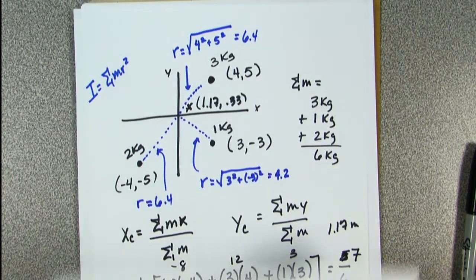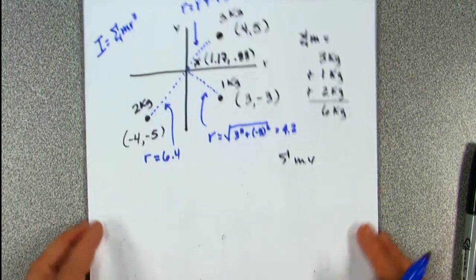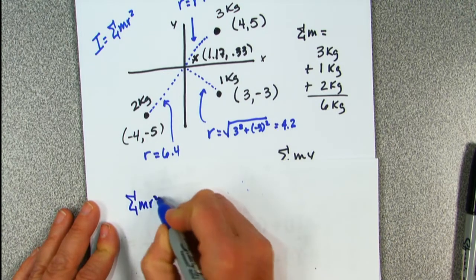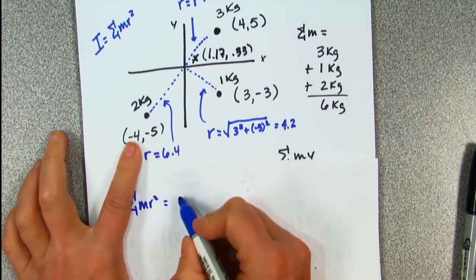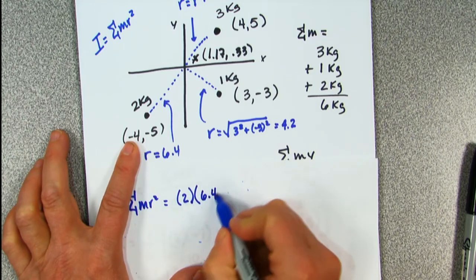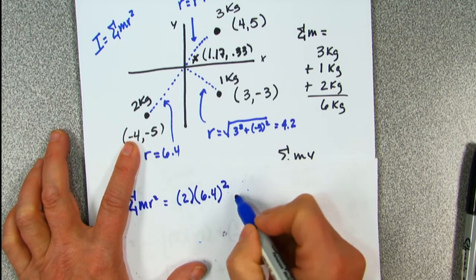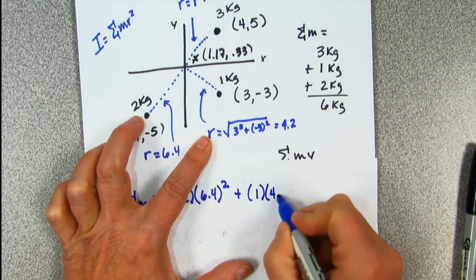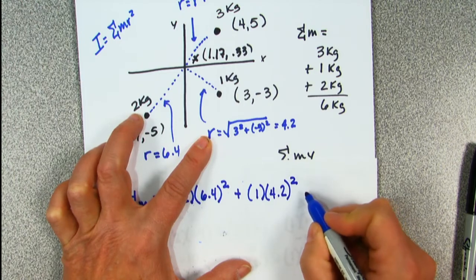So it's going to be the sum of the mr squareds. So this mass is 2, 6.4 squared, plus this mass is 1, 4.2 squared.